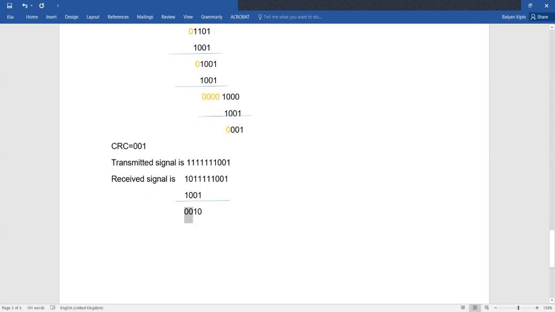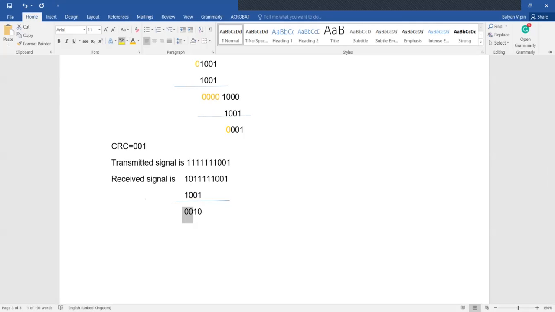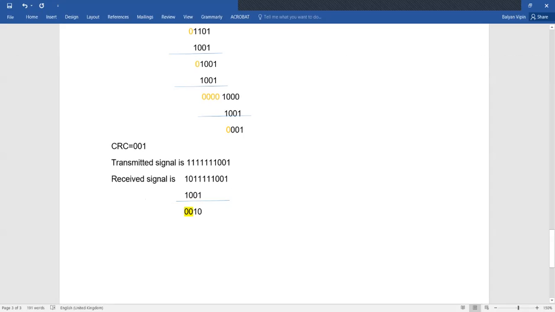As I told you, you have to ignore all the zeros on the left hand side, or you can say we will start with the first one on the left hand side. So now you will need to borrow 2 ones from here. Again, you will put this.